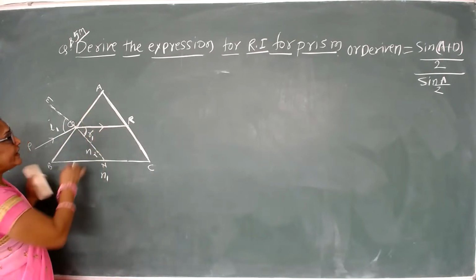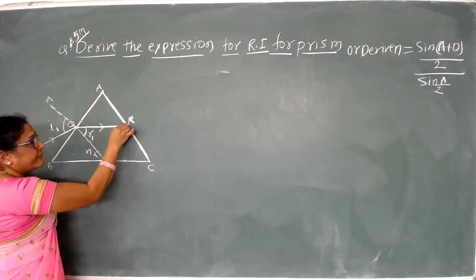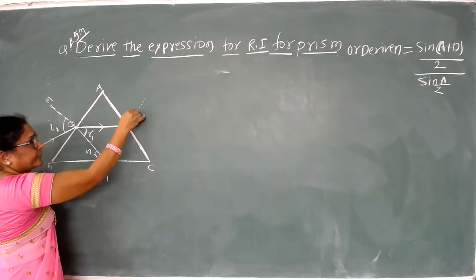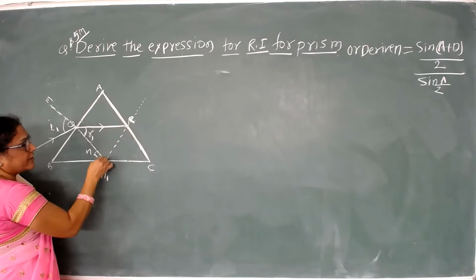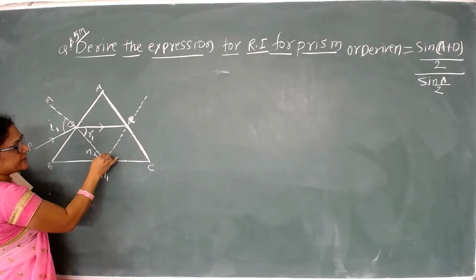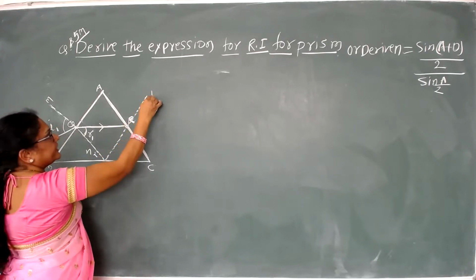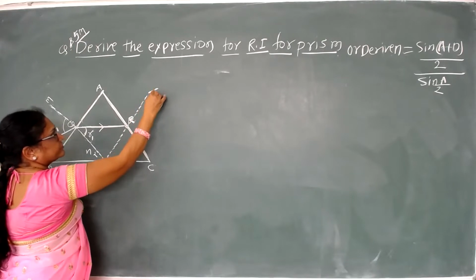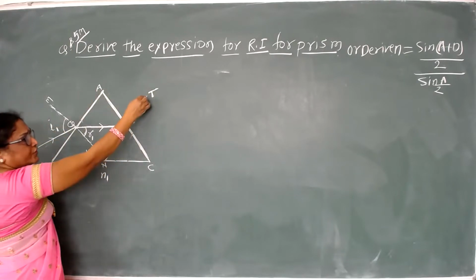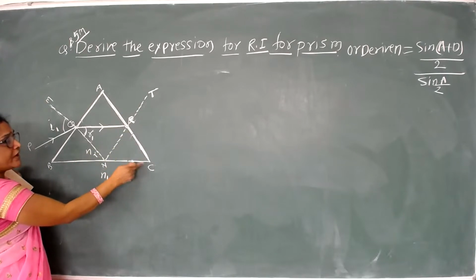Then here, when the ray of light is incident on this, at the point of incidence, we draw a normal line. So here, this is a normal line at the point of incidence. Suppose this is TL. So TL be the normal line to the second surface.